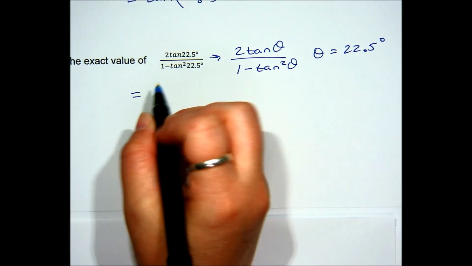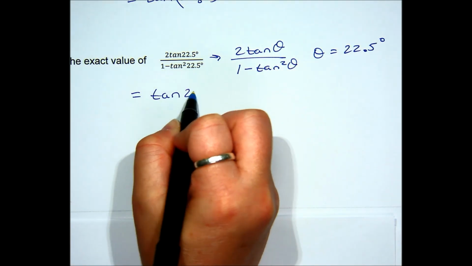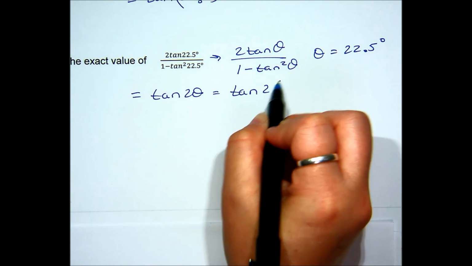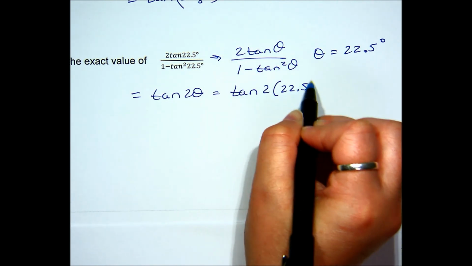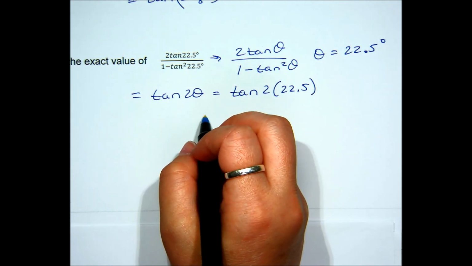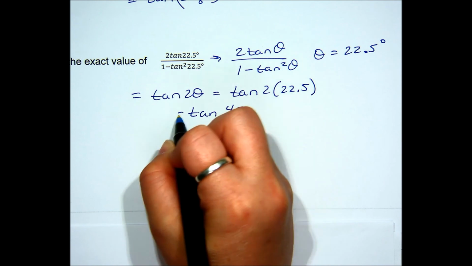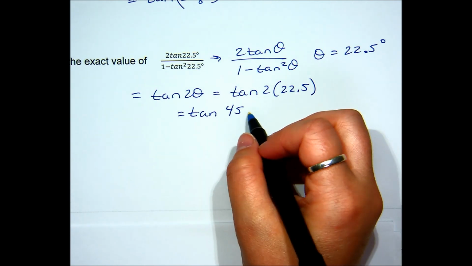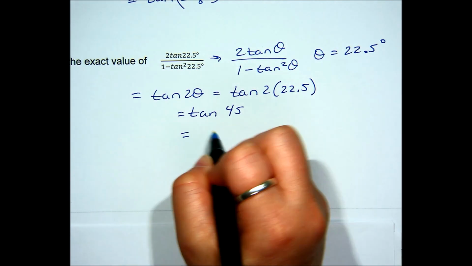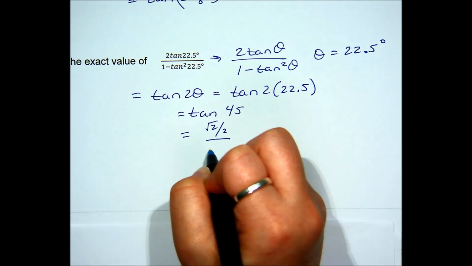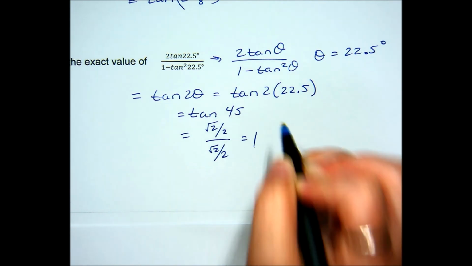Well, lining it up, this is equal to tangent of 2 theta. So that means that this is tangent of 2 times 22.5 degrees. That means that this is tangent of 45 degrees. Well, 45 degrees is the same thing as pi over 4, which is the same as the last problem, which means that we're going to get square root of 2 over 2 over square root of 2 over 2, which will give you 1.